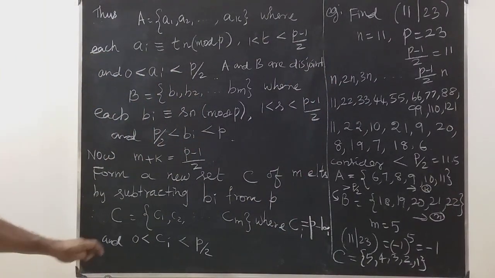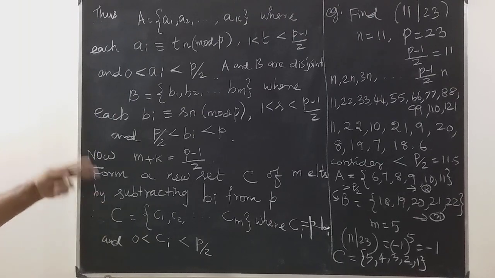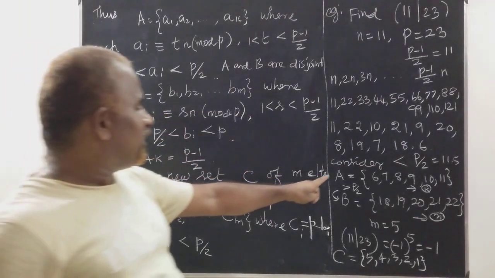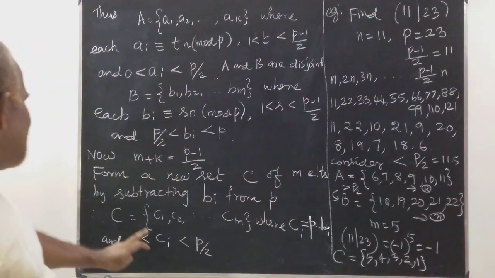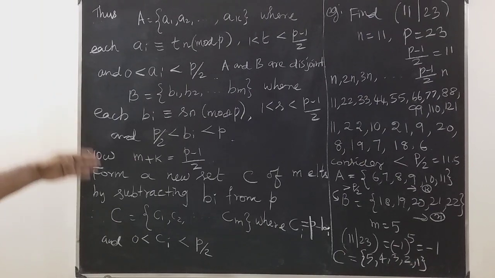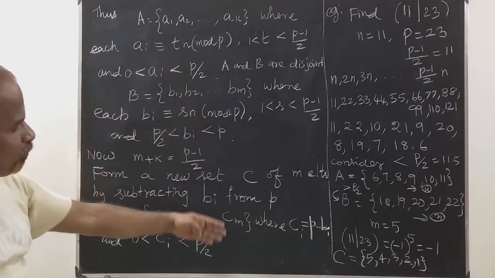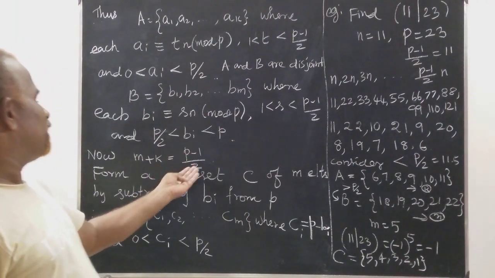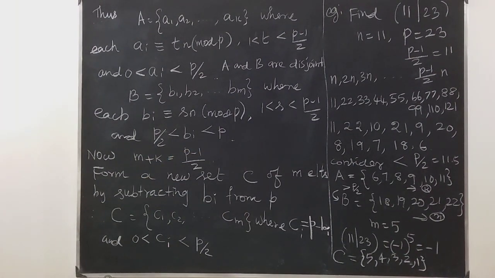Now I am going to prove that A and C are disjoint. A consists of how many elements? K elements. C consists of how many elements? M elements. So therefore A union C has K plus M elements. K plus M elements is nothing but P minus 1 by 2 elements.